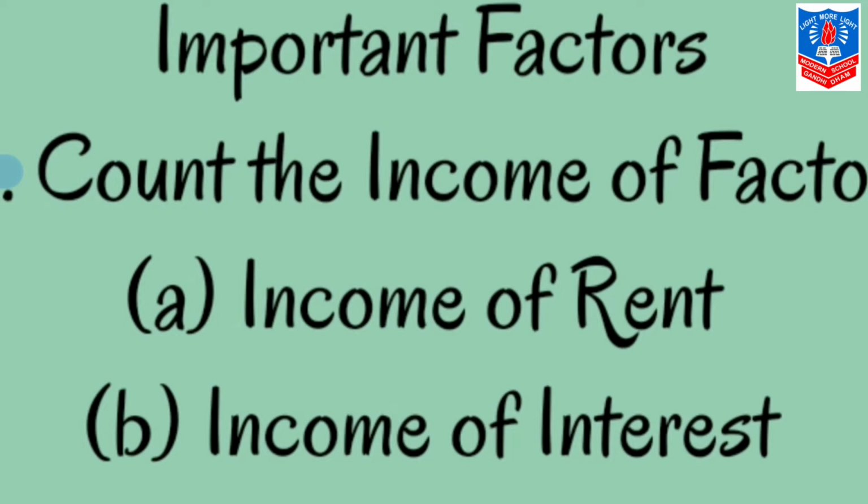The same way, income obtained through various rights such as the copyright of a book, patent, etc. So these three types of income as rent which is earned by a person are added in national income. Second, income of interest. The interest obtained by people on their capital during a year is added.